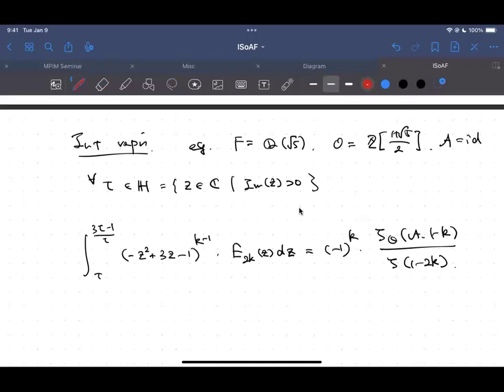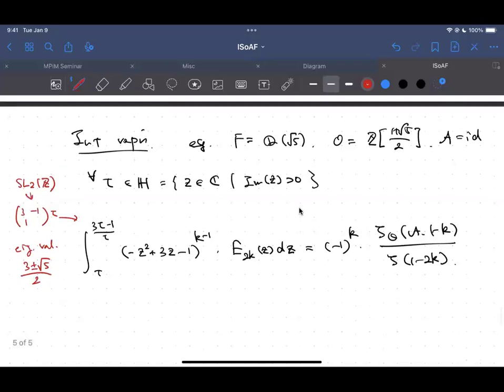Namely, because this 3 tau minus 1 over tau is not a random point, but a translation of this tau by some hyperbolic element whose eigenvalues are, I think, these real quadratic irrationals. So this domain of integration defines a certain closed path on the modular curve. So this defines an element in the first homology of the modular curve.